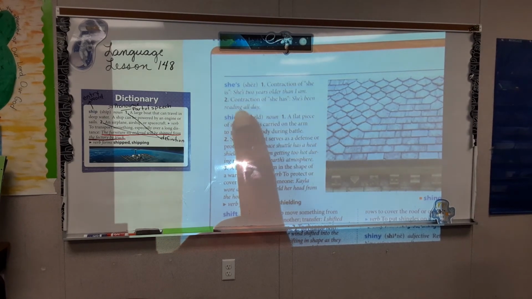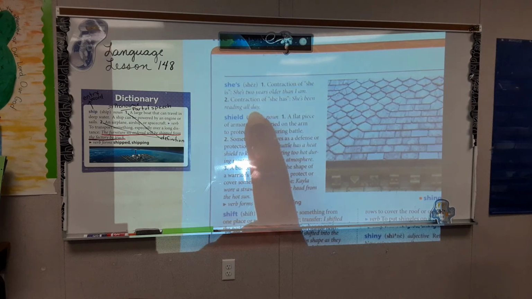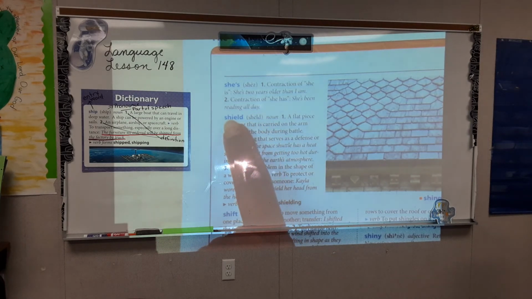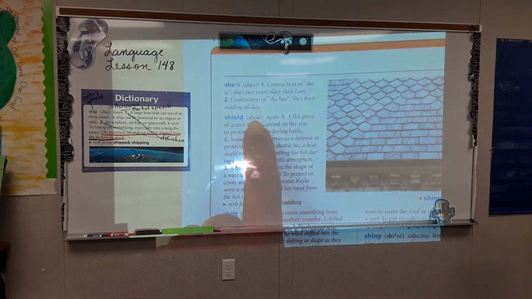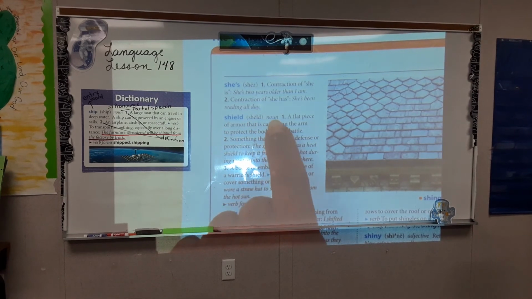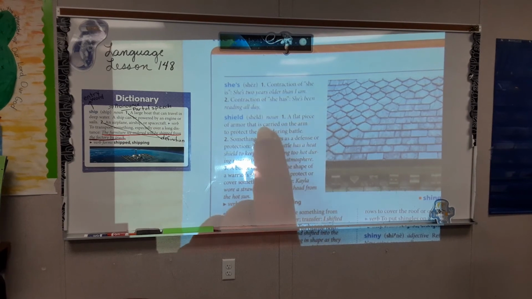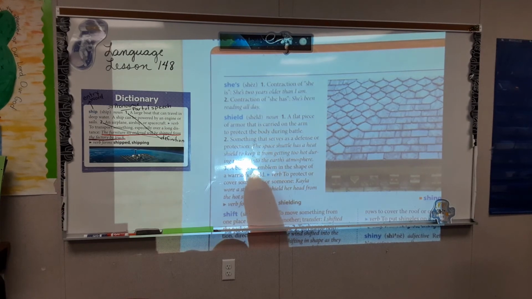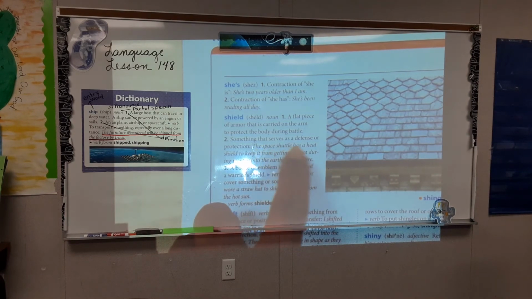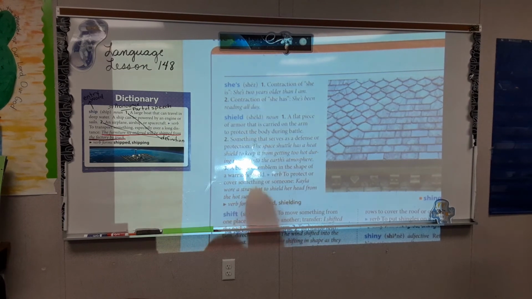And then it gives you a sentence here. Shield: how you pronounce it, what function it is in speech, what definitions it has depending on the function that you're using it in a sentence, and they're giving you an example sentence for each definition.